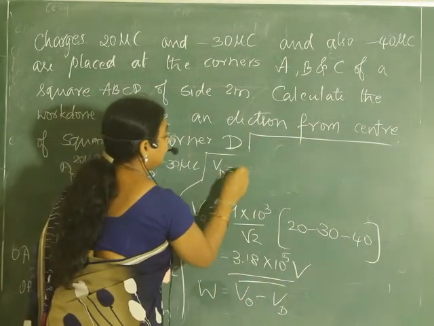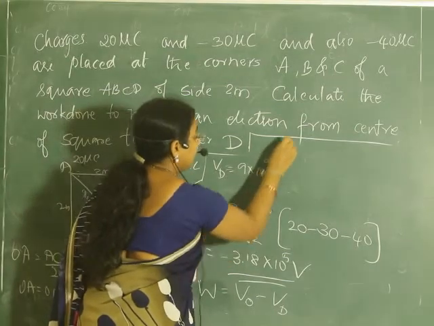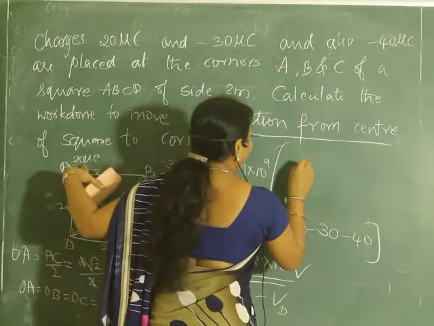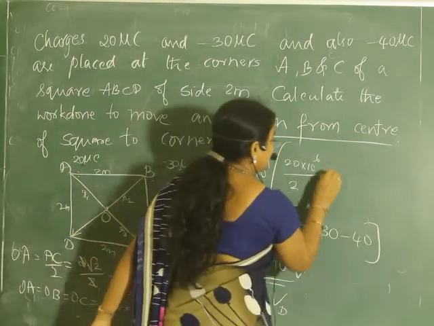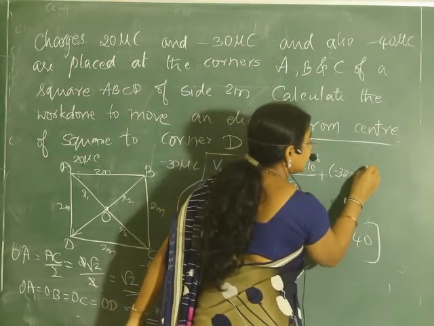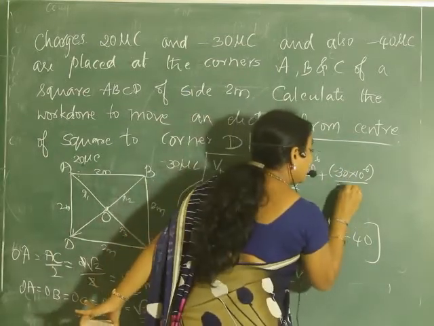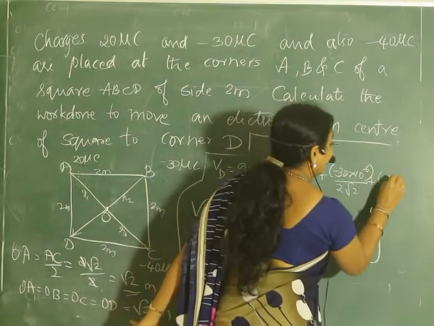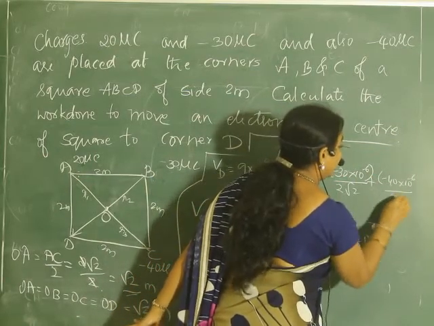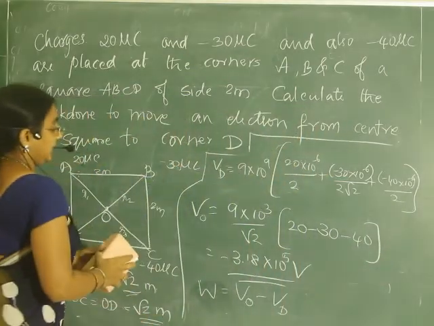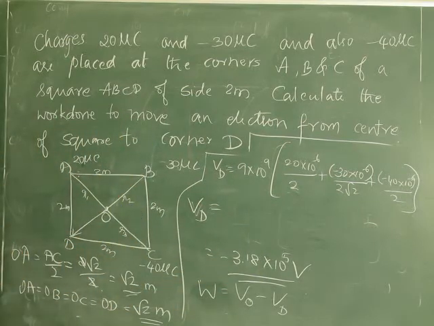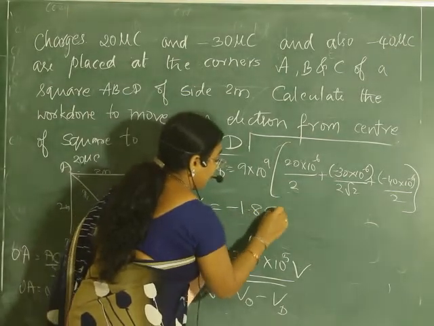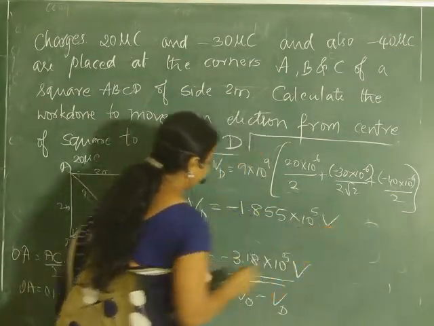VD is equal to 9 into 10 to the power 9 times 20 into 10 to the power minus 6 by 2, plus minus 30 into 10 to the power minus 6 by 2 root 2, plus minus 40 into 10 to the power minus 6 by 2. Calculate VD. We got the answer as minus 1.855 into 10 to the power 5 volt.